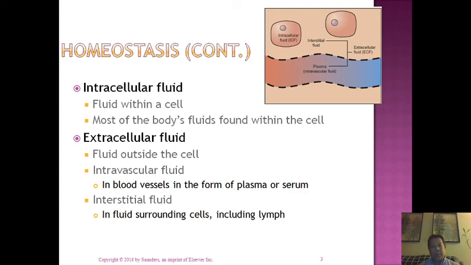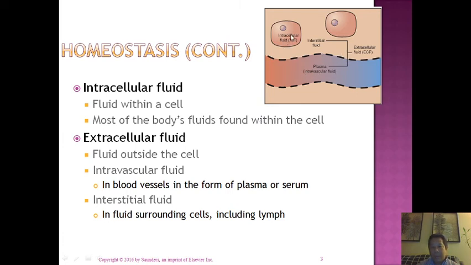And if we talk about body fluids, you have to remember there are two compartments of the body where you can find body fluids. Body fluids are usually found inside the cells. In such case, these are called intracellular fluids, and all of those fluids outside the cells are called extracellular fluids. But the extracellular fluids are further subdivided into two.